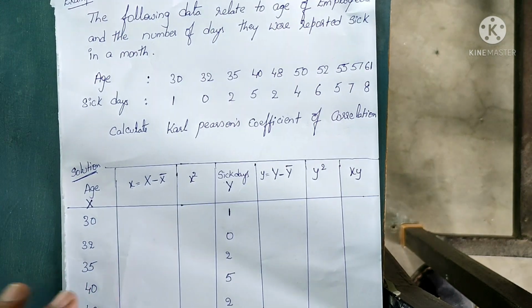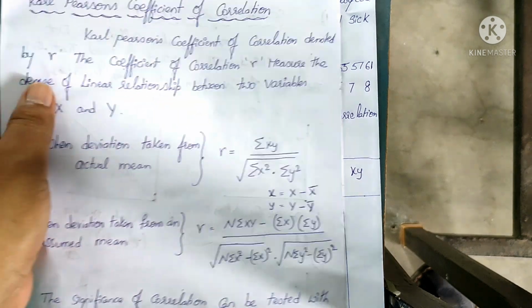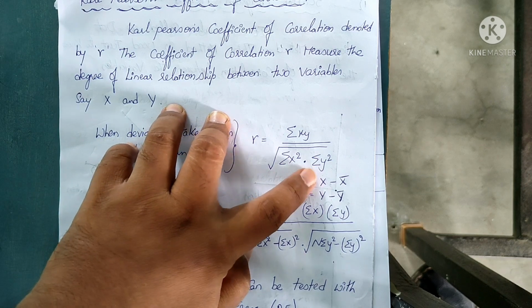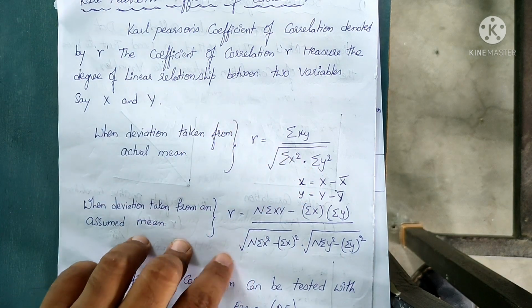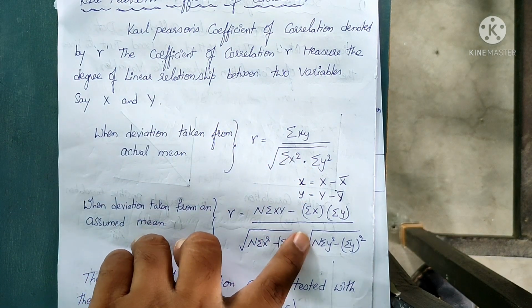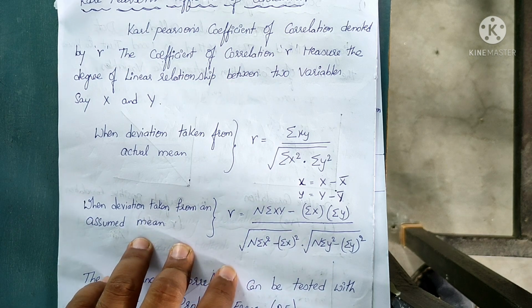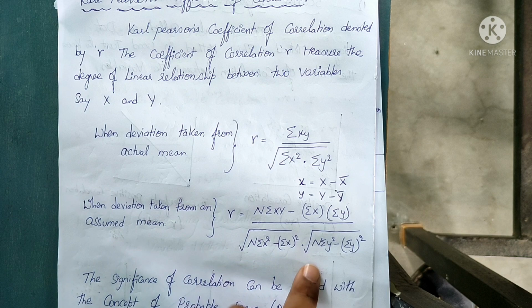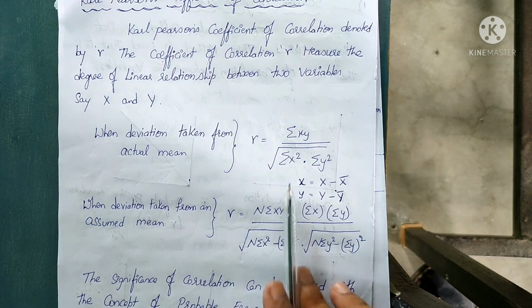Karl Pearson coefficient of correlation formula: r equals sigma xy by root over sigma x square into sigma y square, or n into sigma xy minus sigma x into sigma y by root over n into sigma x square minus sigma x whole square into root over n into sigma y square minus sigma y whole square. We can use any formula.